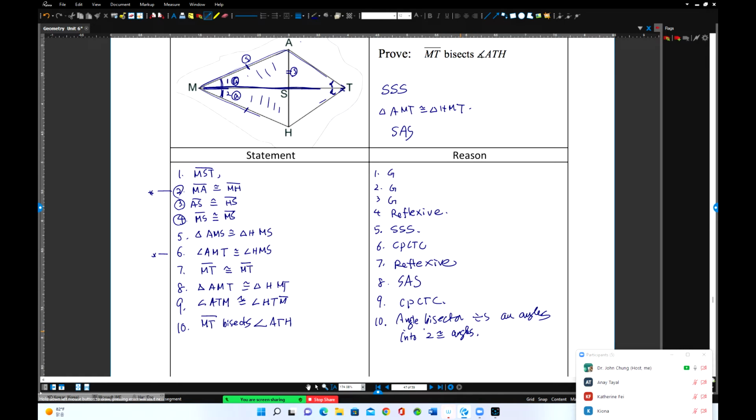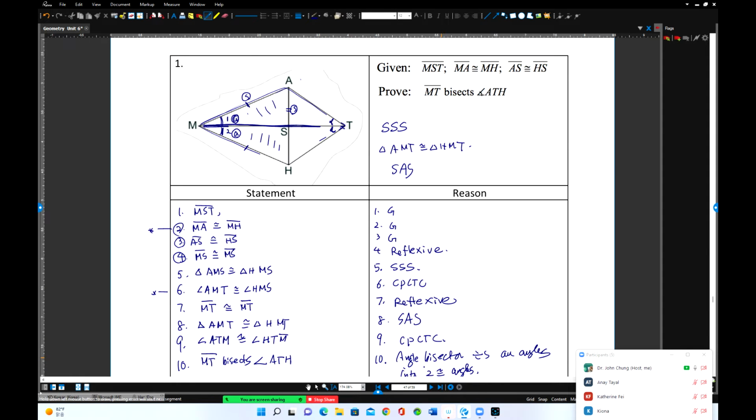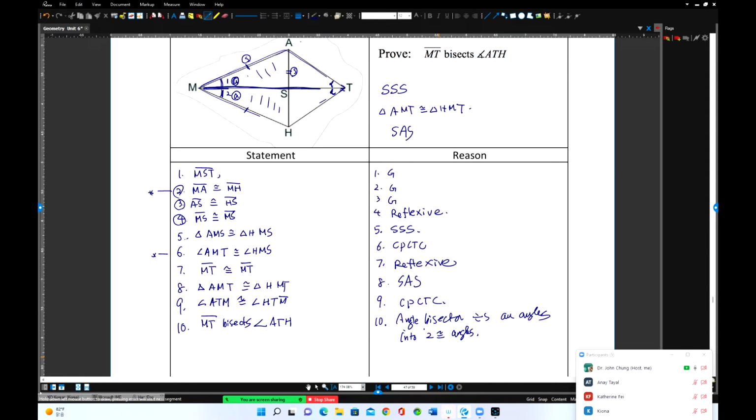Okay? You can use the same reason. Okay? That's it. That's the whole proof. Okay? This is also, we can see that one triangle congruent, another triangle congruent. Okay? Double triangle congruence. We said just simply what? Double congruence. Okay?